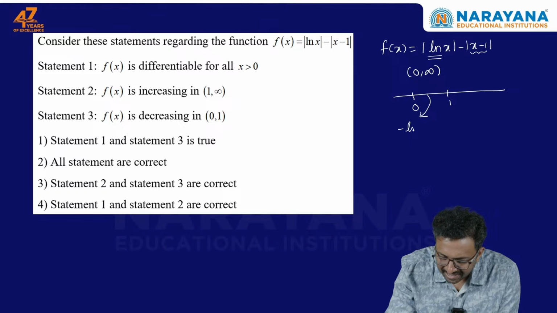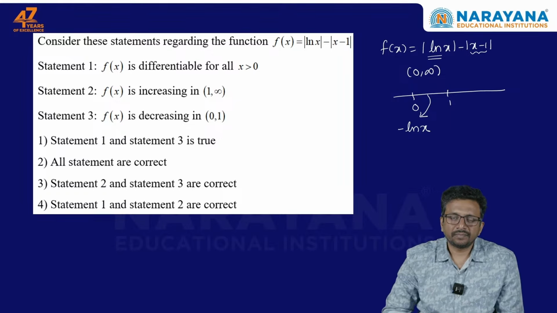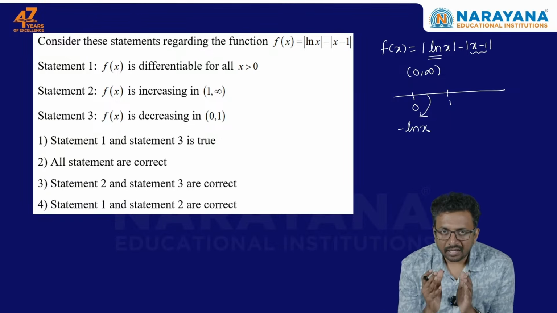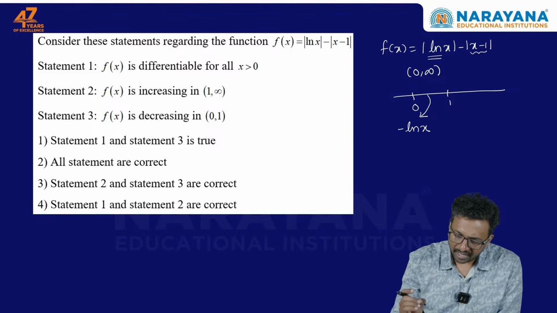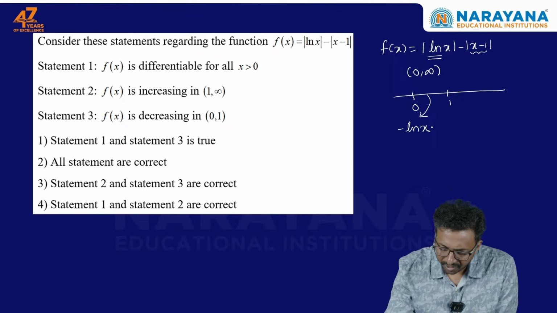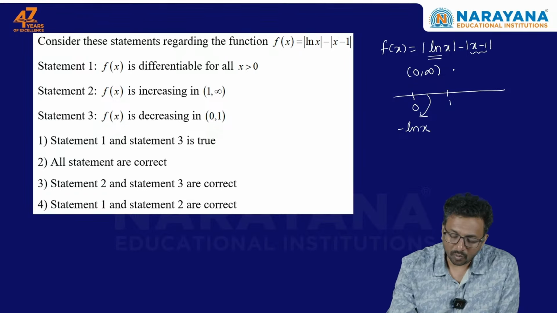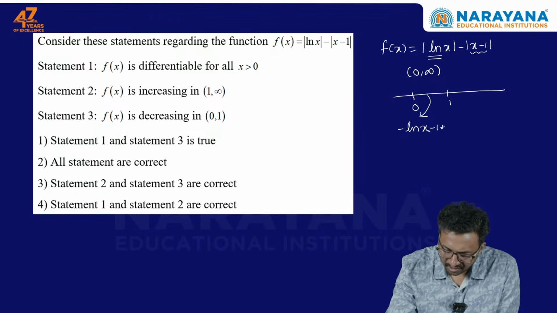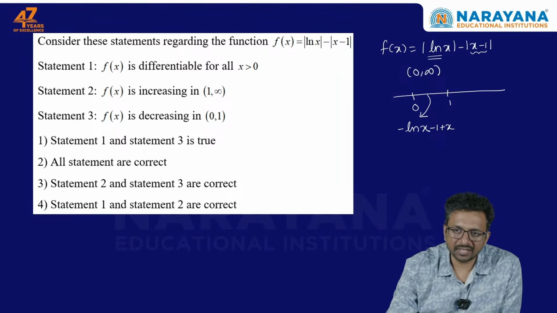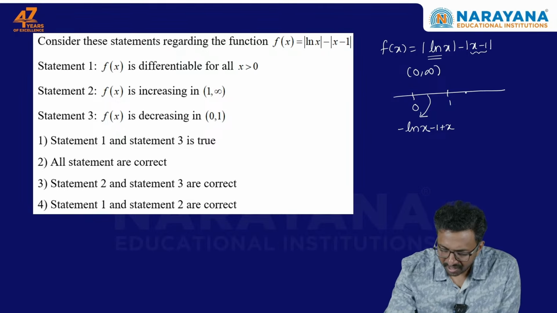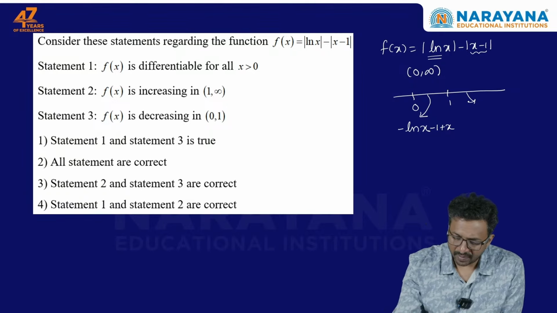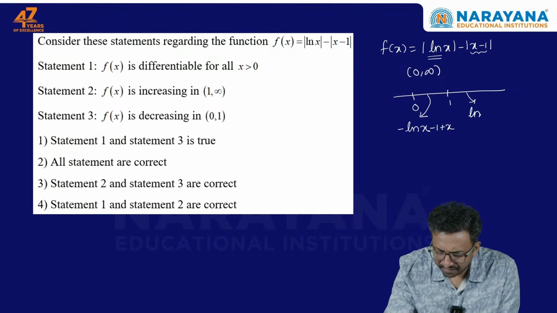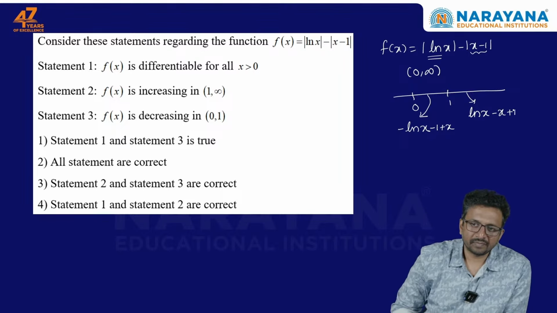It is minus ln x, because if the term inside the mod is negative, you get a minus when you remove the mod. Then minus of 1 minus x, so minus 1 plus x. So this is the function between 0 and 1. And after 1, log x is positive and x minus 1 is also positive, so the function is log x minus x plus 1.